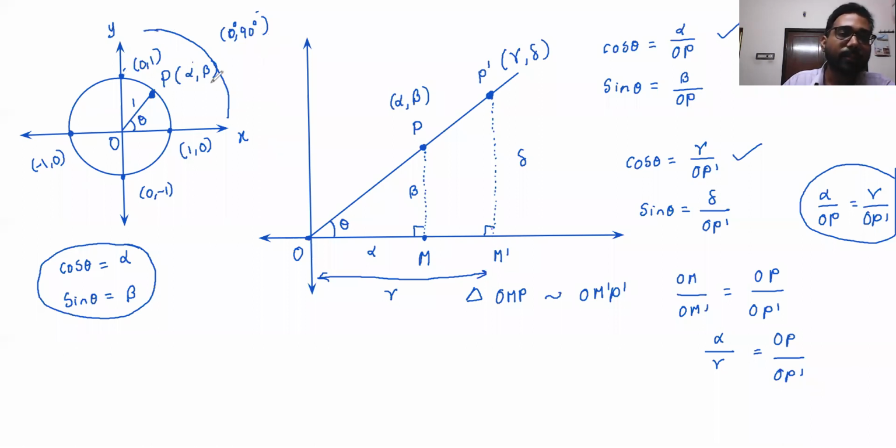In this interval, both alpha and beta are going to be positive. So cos theta and sin theta are positive when theta is between 0 and 90. That is why in the first quadrant all trigonometric functions are positive.